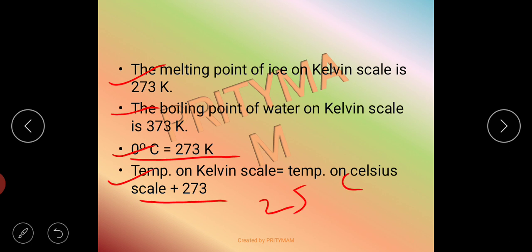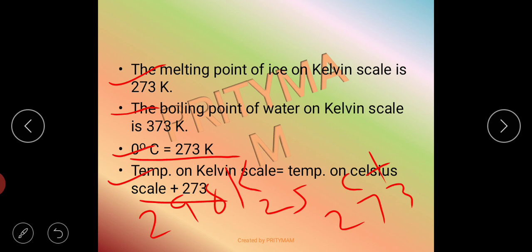So what are we going to do? If you want to convert temperature to the Kelvin scale, then to 25 degrees Celsius we are going to add 273. And if we add 273, what would it be? It would be 298. So this will be 298 Kelvin.